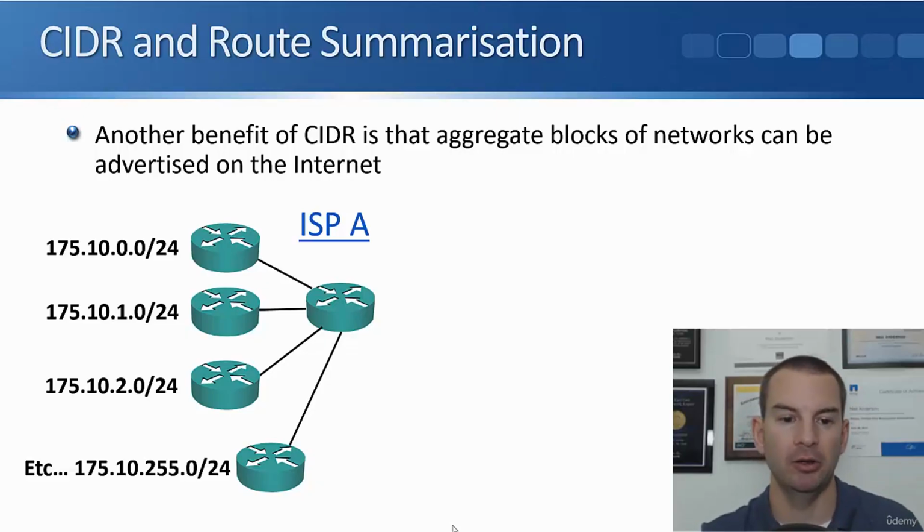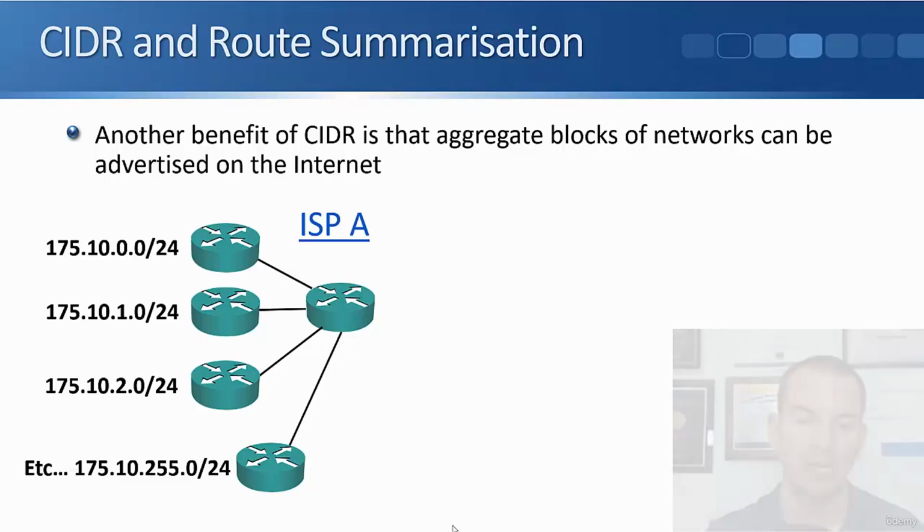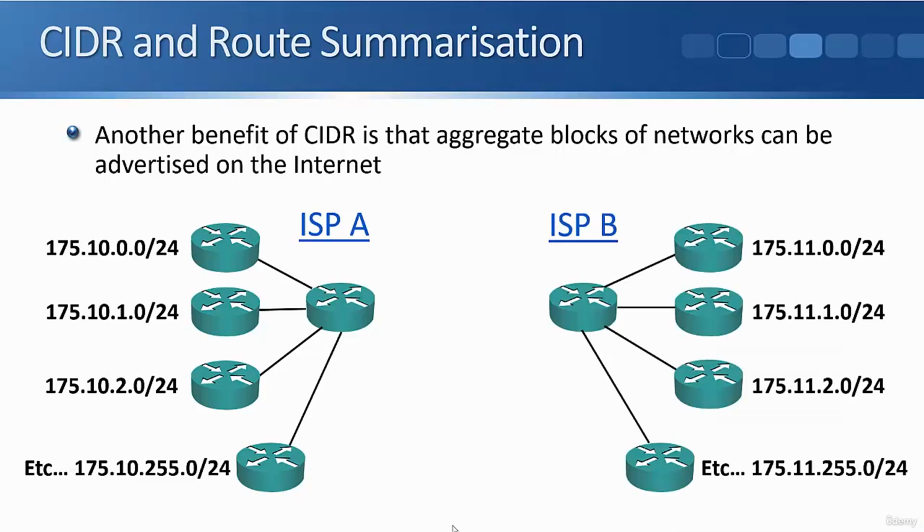So they've given out 256 address blocks there. We've also got ISP-B, and they've given out 175.11.0, 175.11.1, and so on, again /24s, all the way up to 175.11.255. And ISP-A and ISP-B get connected.